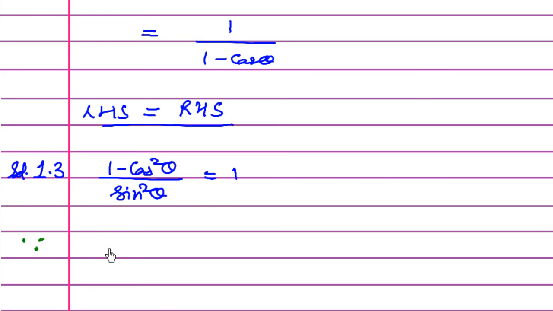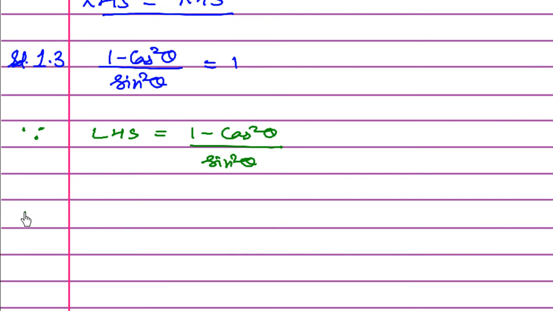Because we know that LHS is equal to 1 minus cos square theta over sin square theta. Therefore, sin square theta over sin square theta.